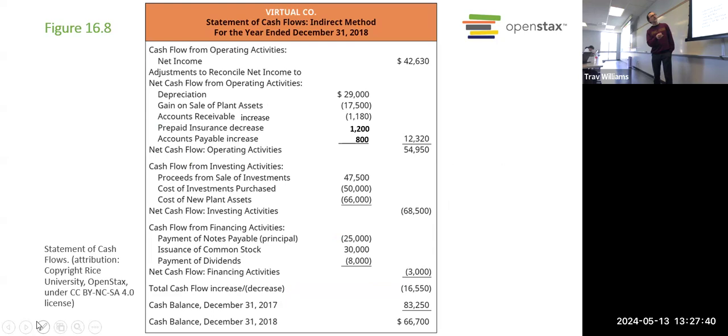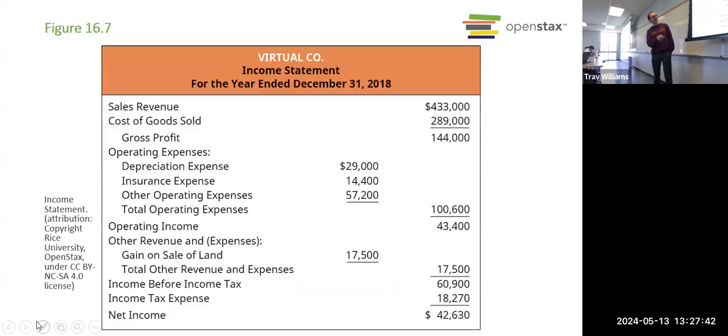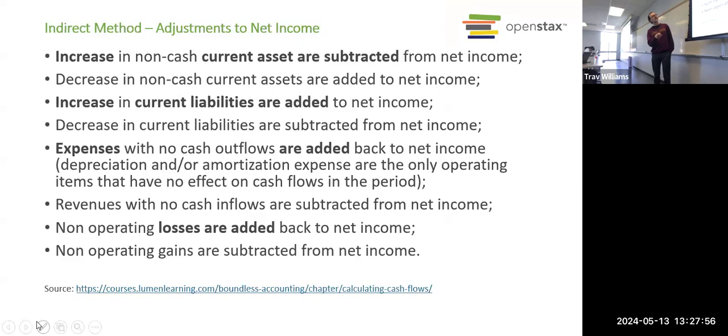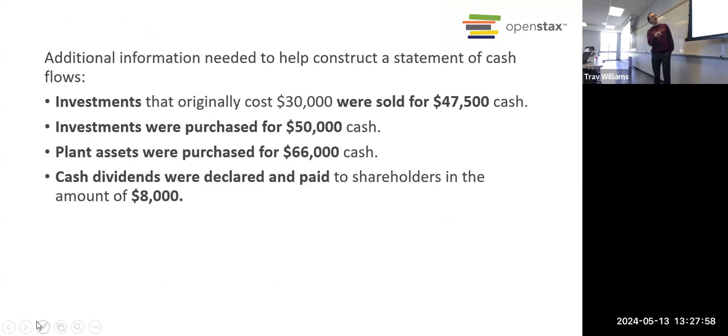So here is the net income, which again came from the income statement right here, right? Then depreciation got added back in. There was a gain on the sale of assets. Let's look at that. Remember, we sold these assets. They originally cost $30,000.